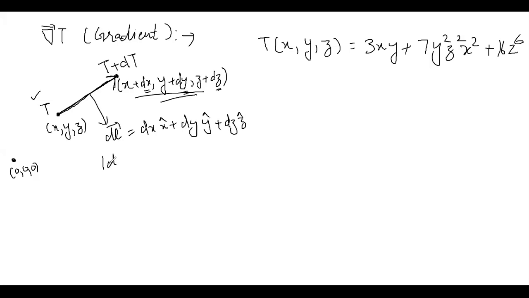And the magnitude of this vector quantity is, of course, going to be given by this number, from the vector information that you might already know.